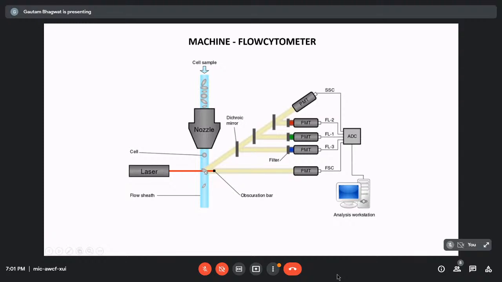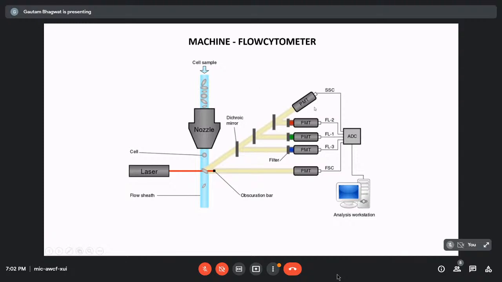According to the inherent properties or the fluorescent labeled antibodies attached to the surface of the cell, the light is scattered into various pathways. The forward scatter measures the size. The side scatter is according to the granularity or the complexity of the cell. Based on the fluorescence emitting wavelengths of the various labeled antibodies, these would go through this mirror, get filtered, and be detected by the photomultiplier tubes.